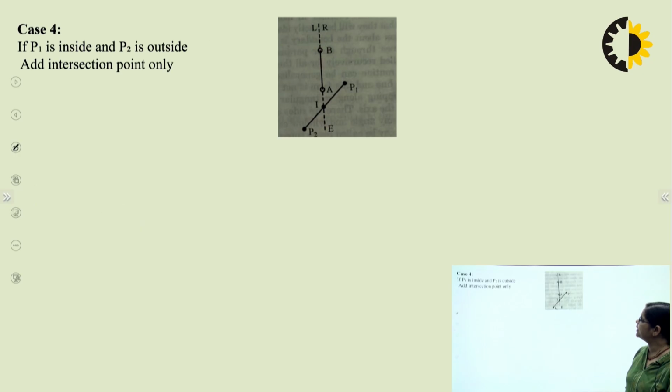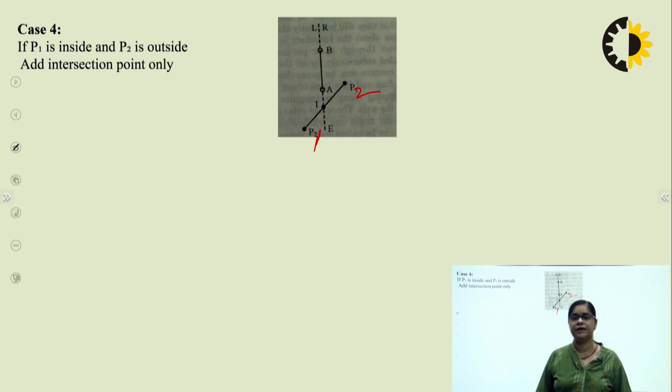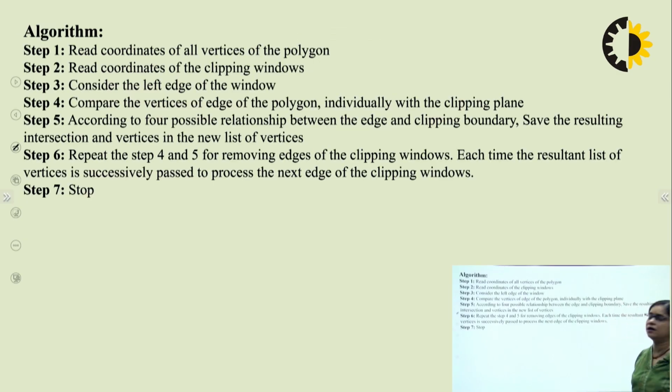And if P1 is inside and P2 is outside, then add the intersection point only. So this is what we are discussing, and these are the 4 steps we normally use when we are working on this algorithm. So now let us discuss the algorithm.